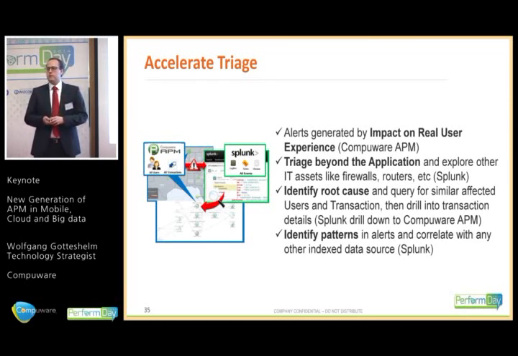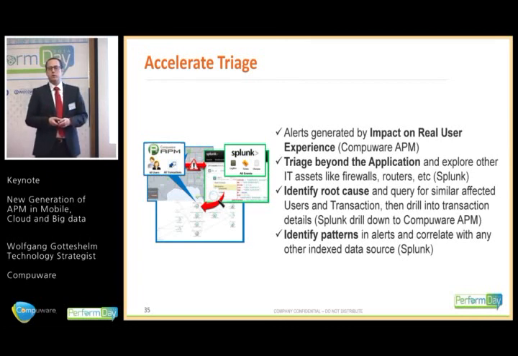You can see how alerts are generated that are triggered by an impact on the real user experience. You can then look not only at your application, but by using Splunk, you can also include other IT components like a firewall or a router in your analysis as well. You can identify the root cause by doing that and then look for affected users and affected transactions.